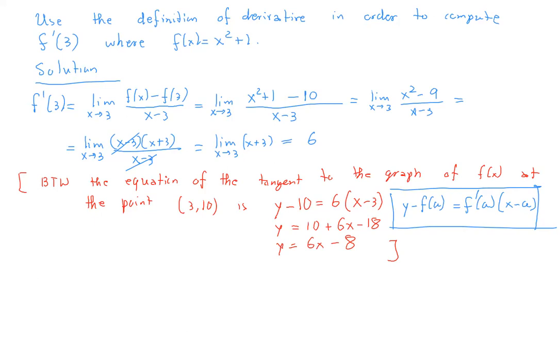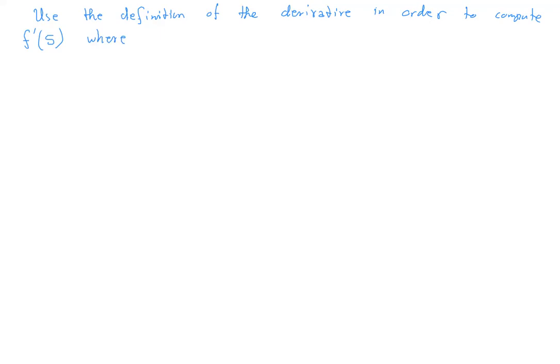So use the definition of the derivative in order to compute f prime of 5, where f of x is square root of x.